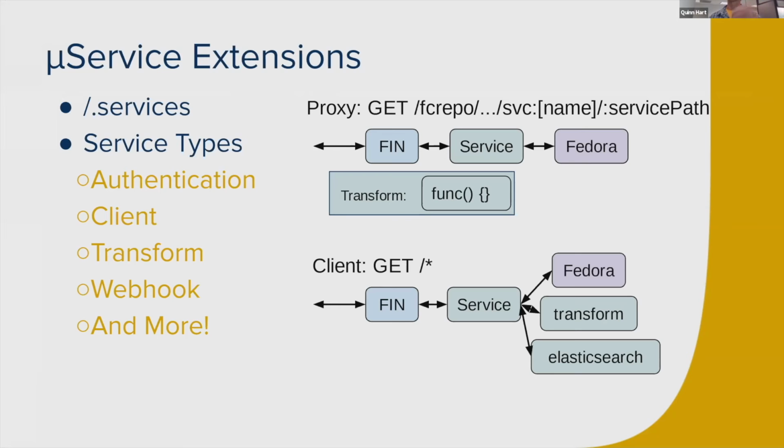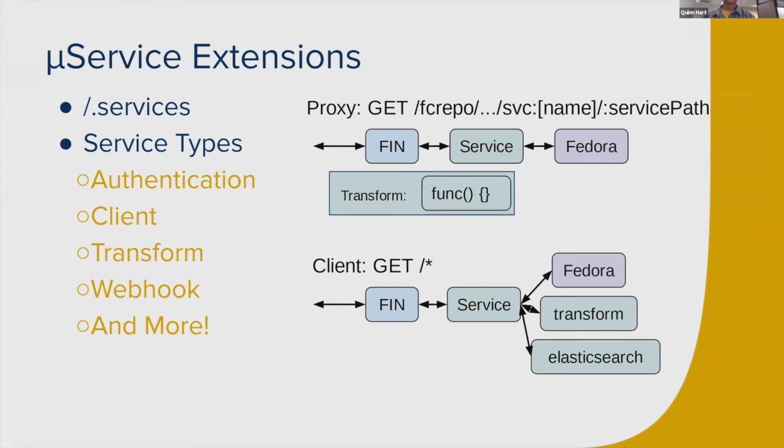Those services typically can look back to Fedora as well, make modifications to it, and then output that path. That's how we do transforms, for example, from our linked data metadata to other forms of metadata. And our whole client is actually written that way.